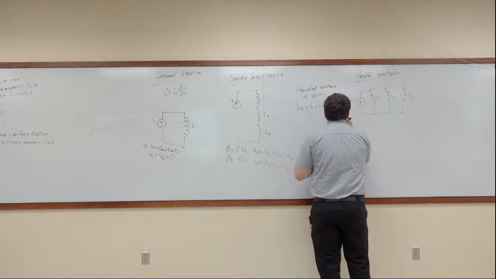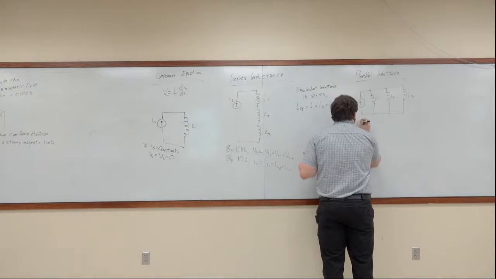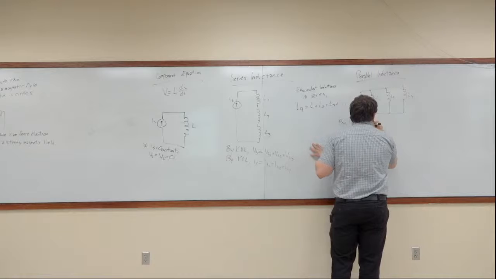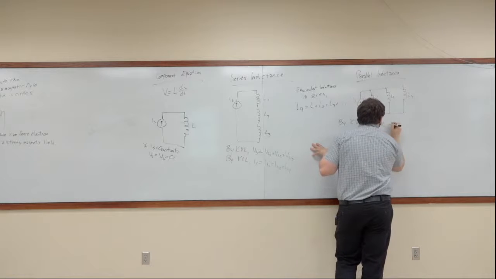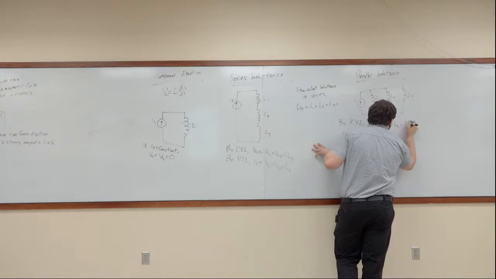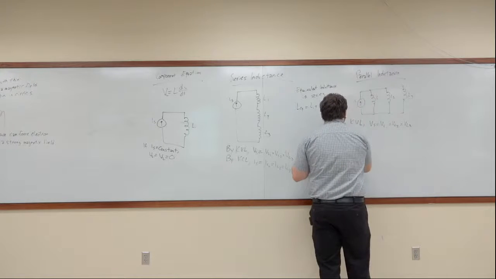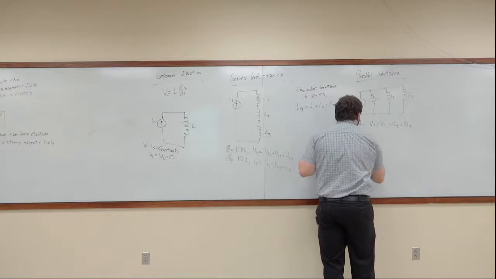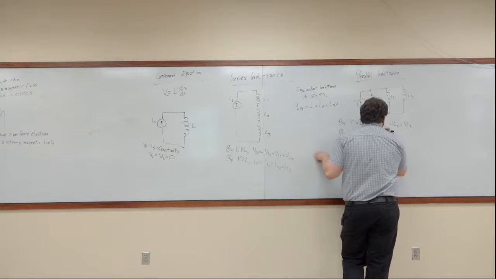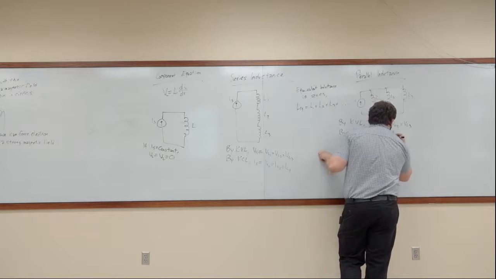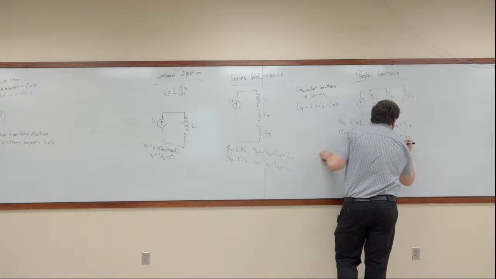Now here we can again talk about, by KVL, Vs is equal to VL1 is equal to VL2 is equal to VL3. And by KCL, Is is equal to IL1 plus IL2 plus IL3.